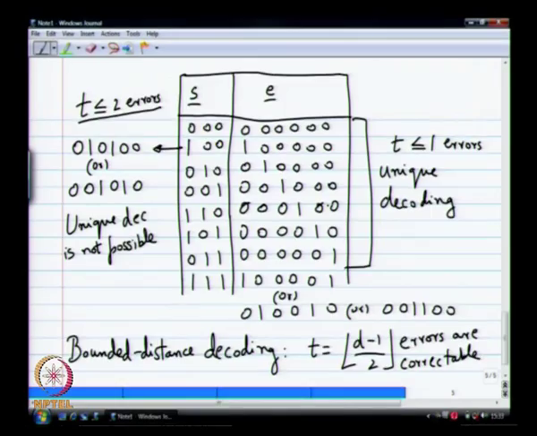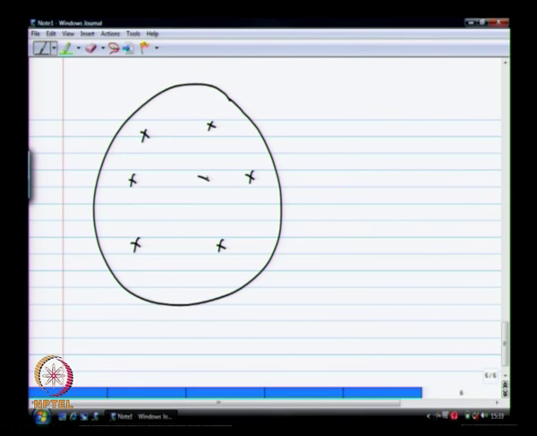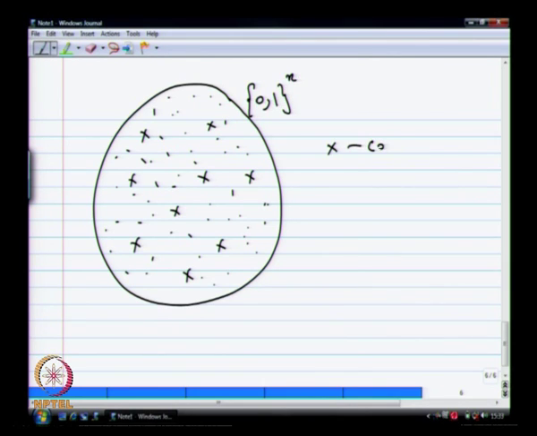Okay, so you can also view it a bit pictorially. If you draw a picture and you put all your stars which are your code words, you remember this picture, we made this picture long back. This entire space is, let us say, the binary vector space, and the stars are your code words.